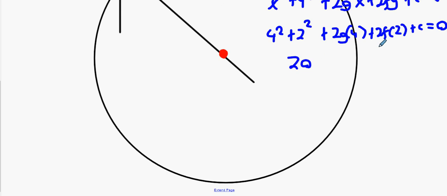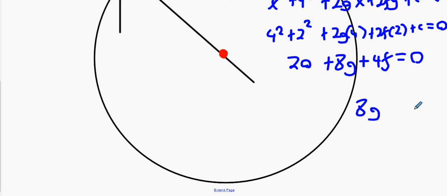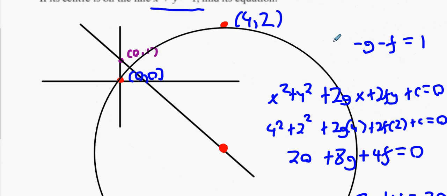What do we know about the c value? So what do we have here? 8g and now we have 8g plus 4f equals minus 20. That is half of a simultaneous equation, isn't it? And what about the equation we got earlier? That one there, isn't it? And we're just going to put them both together.